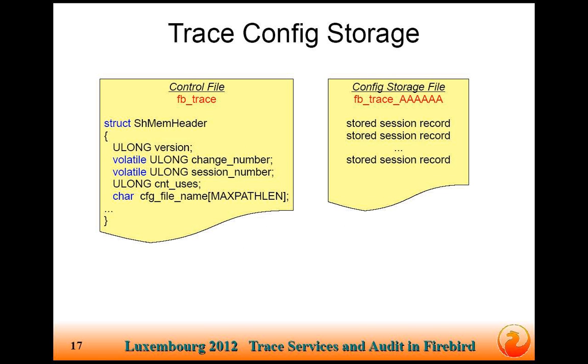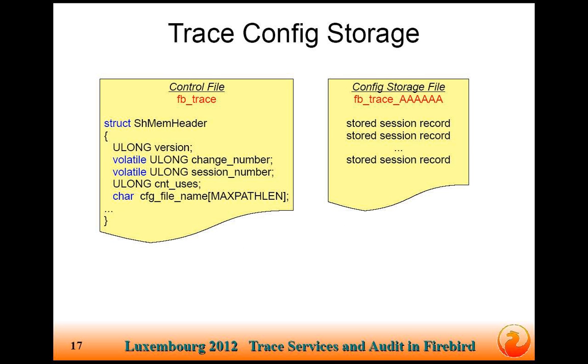The picture may be too easy to understand what the control file is. As I already said, it has just a few bytes. It has its version, and it has three very important characteristics. The change number: every time the config storage is changed, for example, some trace session appeared or disappeared or changed its state, this change number is increased.